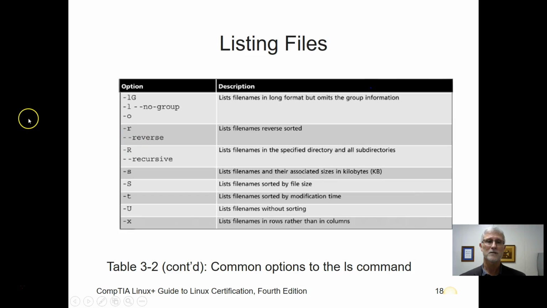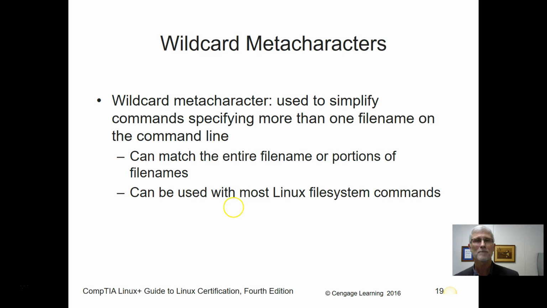Here are quite a few others. You can reverse the sort. You can list recursively through all the subdirectories. I think some of the labs will give you a chance to try some sort options. But a lot of these are special cases that you just need to know exist. That's really all you need to worry about.